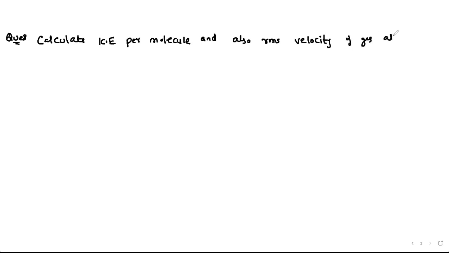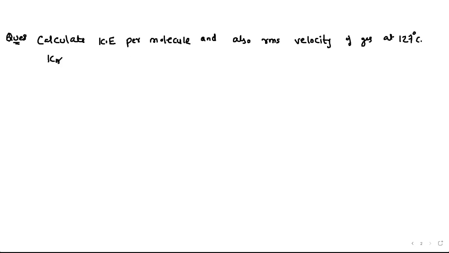Next question says calculate the kinetic energy per molecule and also the RMS velocity of gas at 127 degrees Celsius.